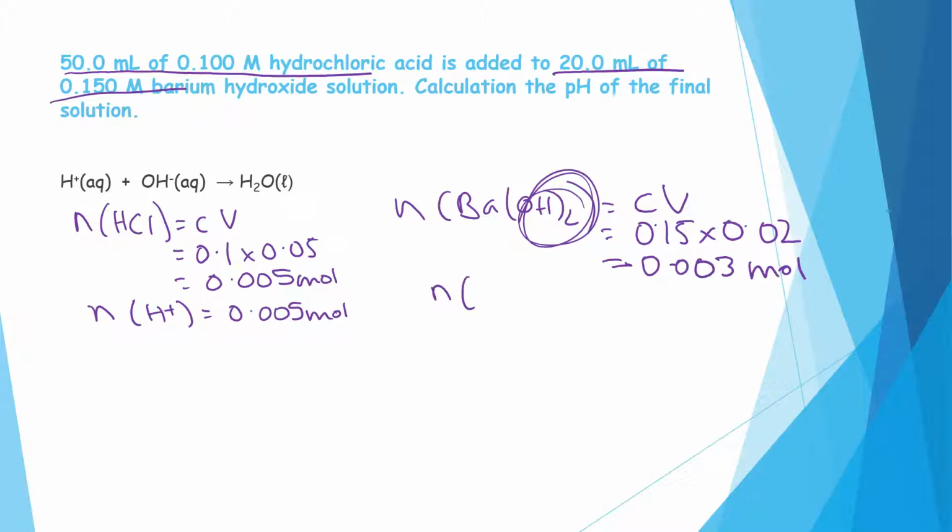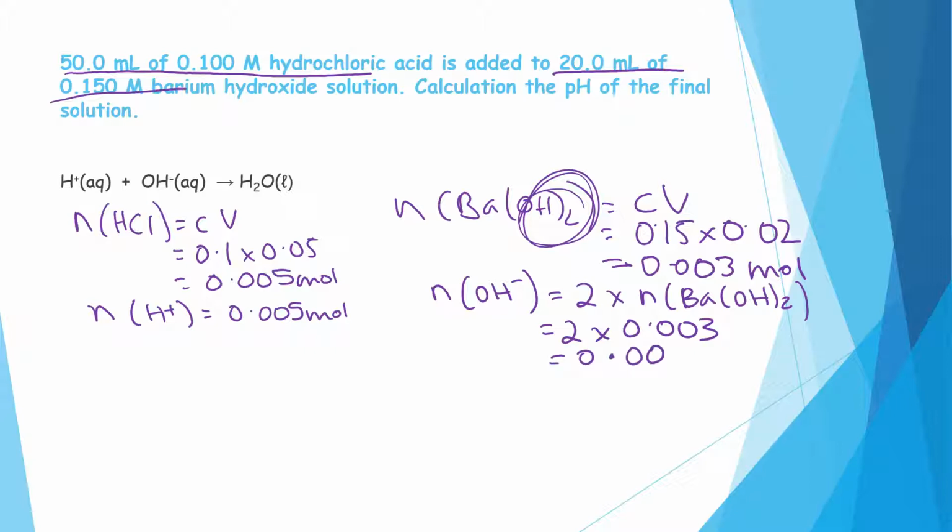So the number of moles of hydroxides is equal to 2 times the number of moles of barium hydroxide. So this is 2 times 0.003, which is 0.006 moles. Now that we've got our two knowns, we can work out which is the limiting reagent.